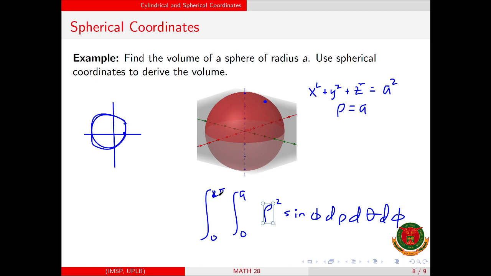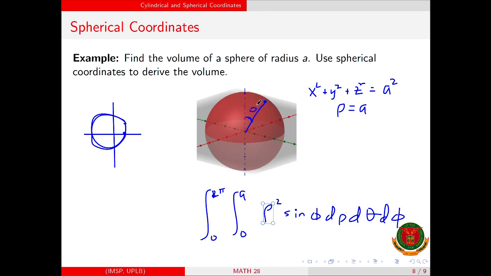The bounds for phi, take note that phi is the angle formed by the line segment passing through the point and the origin with the positive z-axis. So let's say this is a point on the solid. We form a line segment passing through this point from the origin, and we take the angle formed by this line segment with the positive z-axis.